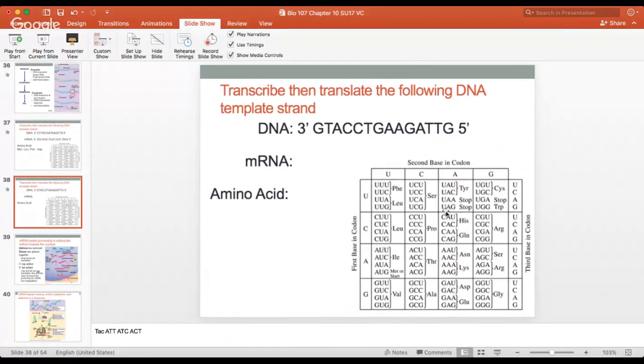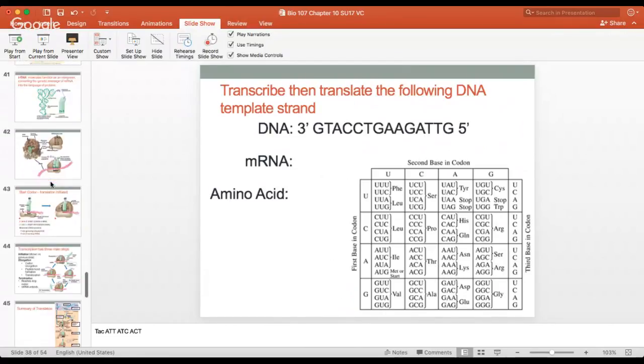Here we can see that AAG codes for lysine, and it's also coded for by AAA. So if your codon is AAA or AAG, it's going to code for lysine. No problem.